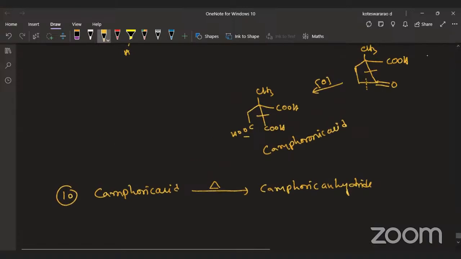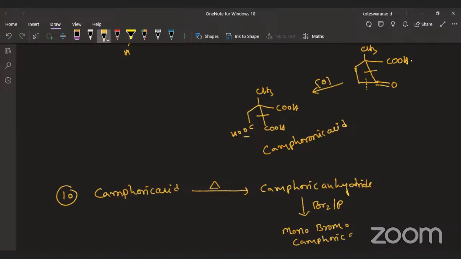What is the camphoric anhydride? Later I will show you. Then this camphoric anhydride is treated with bromine in red phosphorus. Then it leads to the formation of monobromo camphoric anhydride.